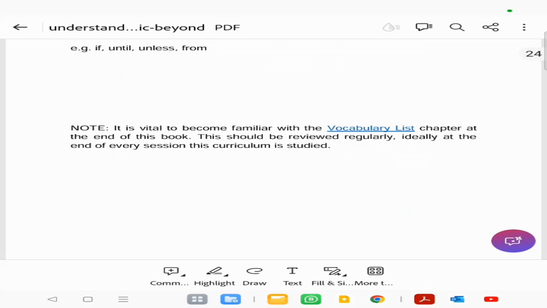There's a hyperlink here, so if you click it, it goes straight to the vocabulary list chapter. As you study this book, it's really important that you always keep an eye on the vocabulary list chapter, make yourself familiar with it, try to memorize what you can, and as you progress through the book, the more and more of the vocabulary list will make sense.